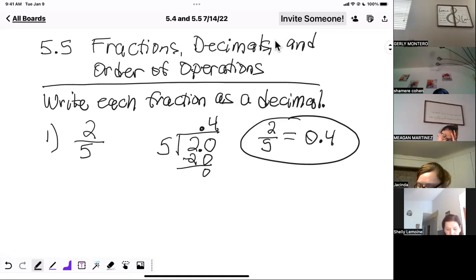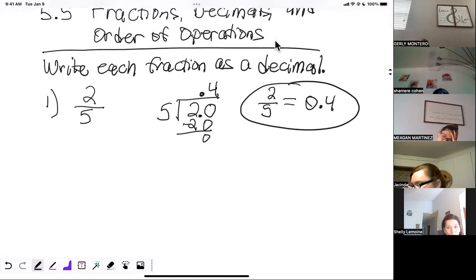All right, there's also another way to do this one. Whenever there is a multiple of 5 in the denominator, and you can pick whatever way you want, it doesn't matter. If you don't understand the way I'm going to show you, or you don't like it, you can always divide. Hold on a second, let me review something.